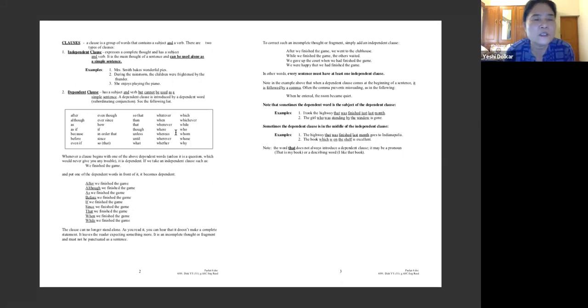Right? After we finish the game, how do you use the dependent clause. All right, and then although we finish the game, right?